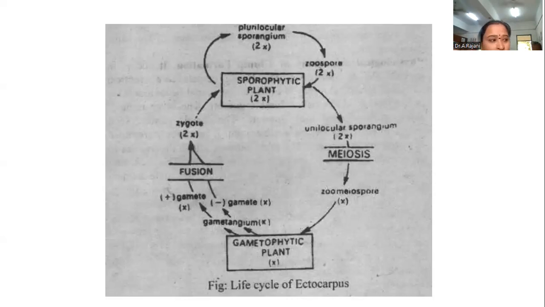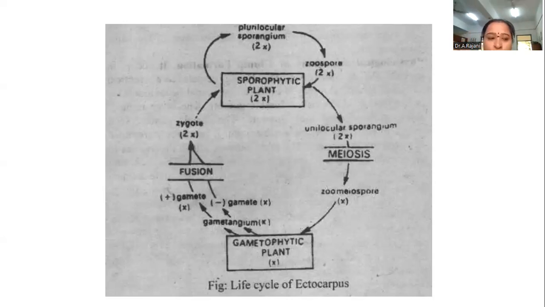Both are there, listen carefully. Both these phases alternate in an irregular manner. Since the two alternating plants are morphologically similar, this type of alternation of generations is called isomorphic diplohaplontic life cycle.